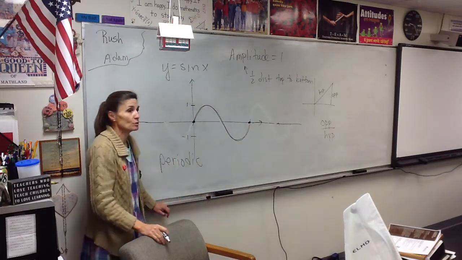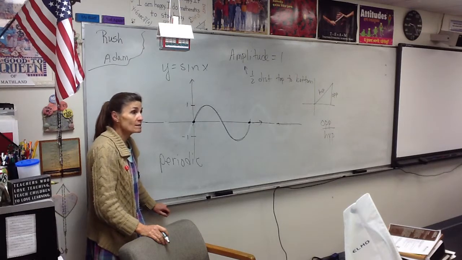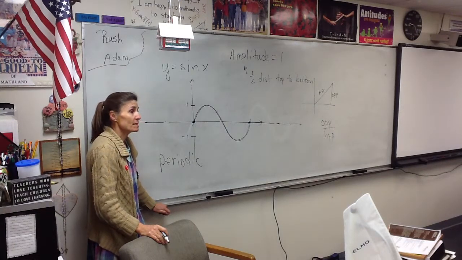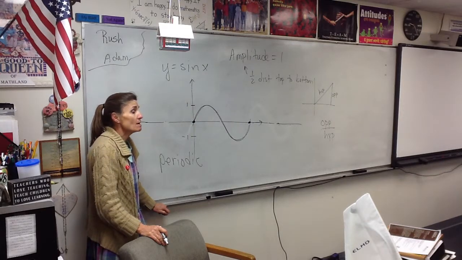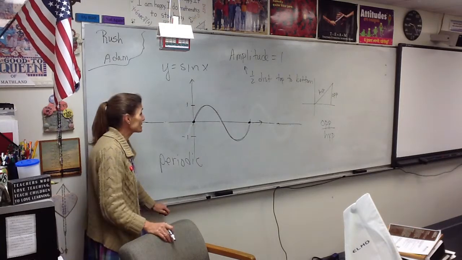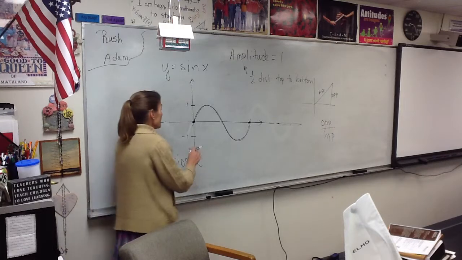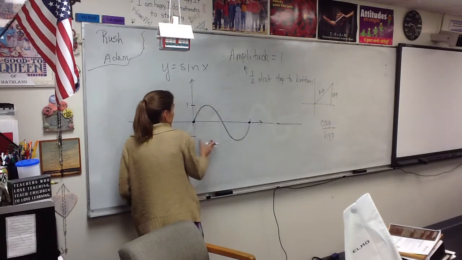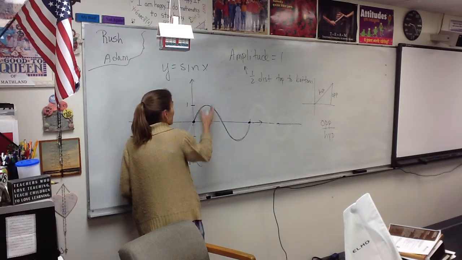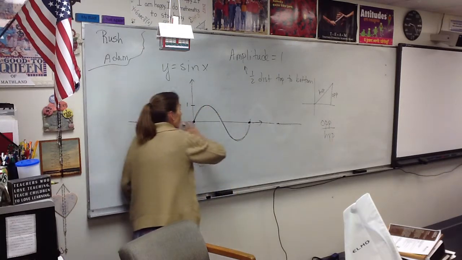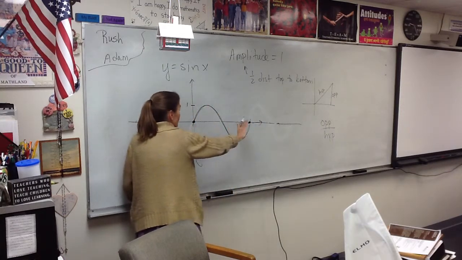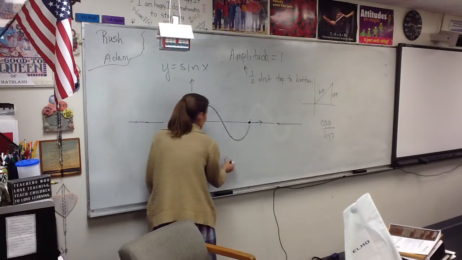Amplitude is always positive because it's half the distance, a height, and we can adjust it. We'll do that in a second. So the verticalness of the curve, the up and downness, is gauged by amplitude. The horizontal, the length of the curve, is gauged by period.